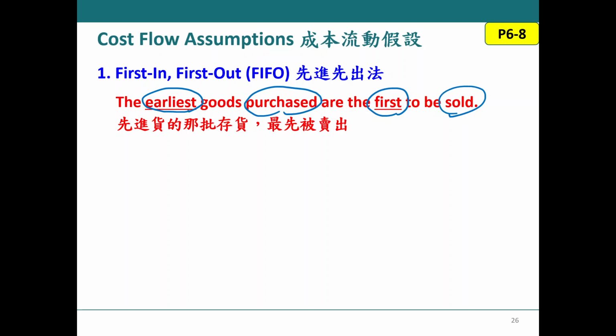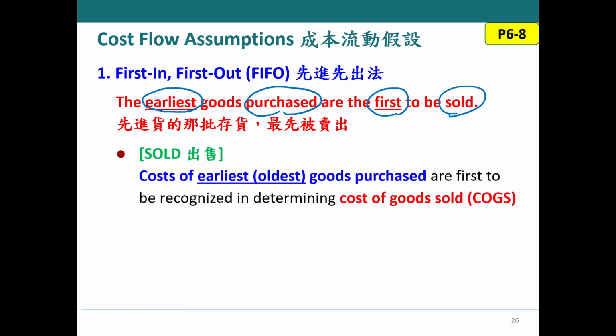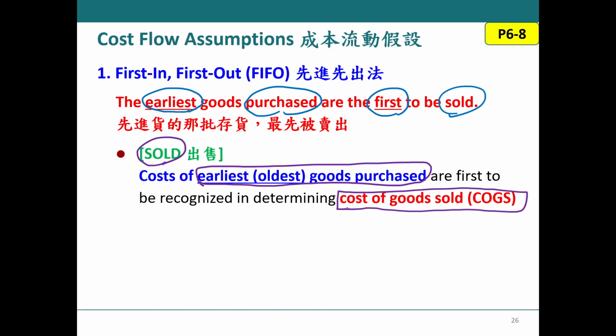In other words, your last purchase will still be in your company, will be your ending inventory, right? So we assume your earliest inventory purchase was sold. When you sell it, it becomes your cost of goods sold. That's how we find the numbers for your cost of goods sold.